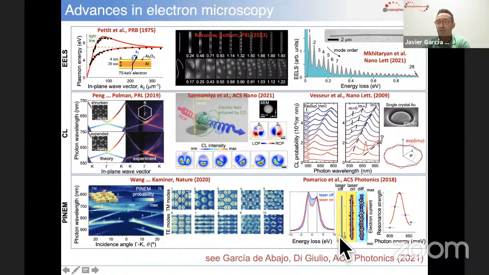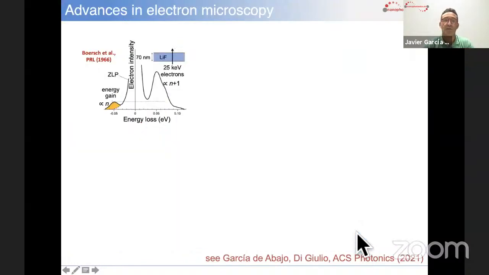Also in the group of Fabrizio Carbone, to demonstrate milli-electron volt energy resolution, just inheriting the resolution by which the illuminating light can be controlled, and this allows us to look, for example, at plasmon standing waves with that kind of energy resolution, right?